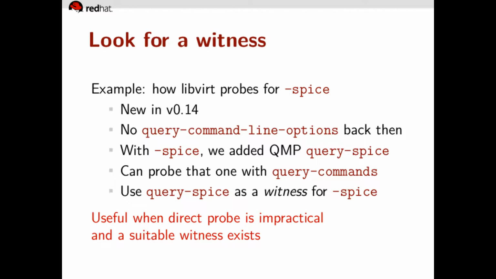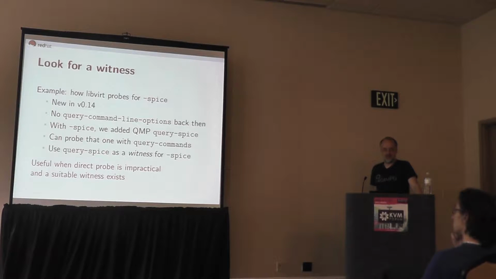Here's a technique I like to call look for a witness, and it's best explained by example. In 0.14, we added an option -spice, and libvirt needs to probe for it. And there was no query-command-line-options back then, rendering moot the question whether it tells us anything about -spice. So what to do?